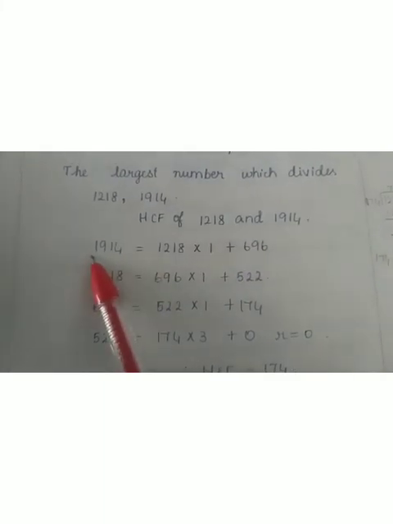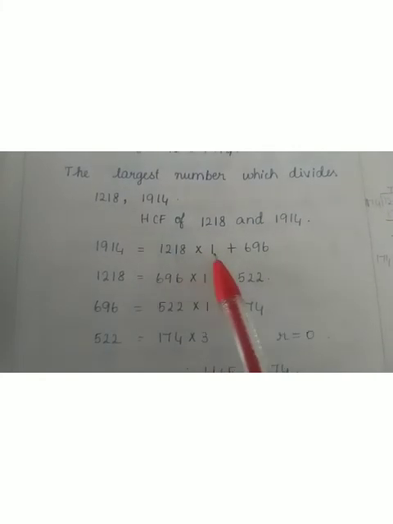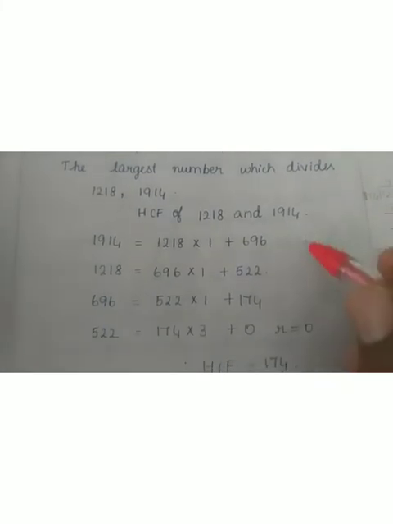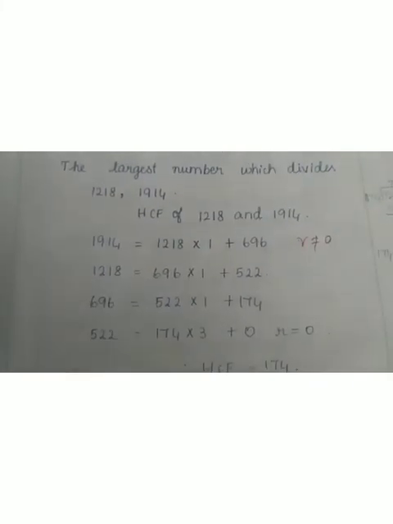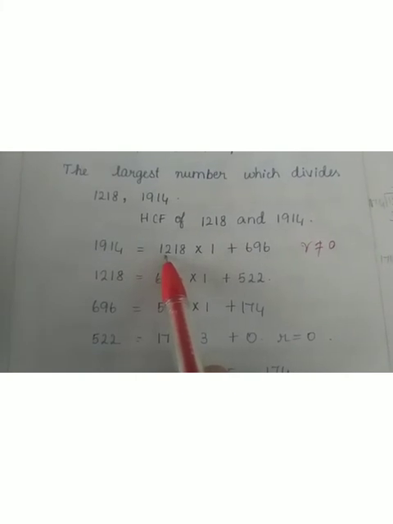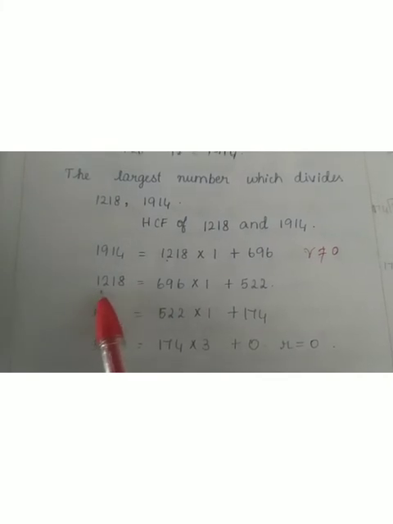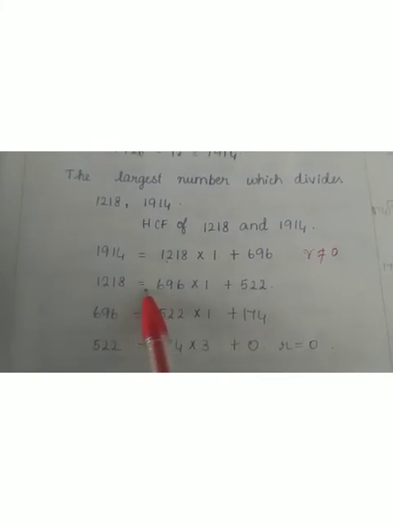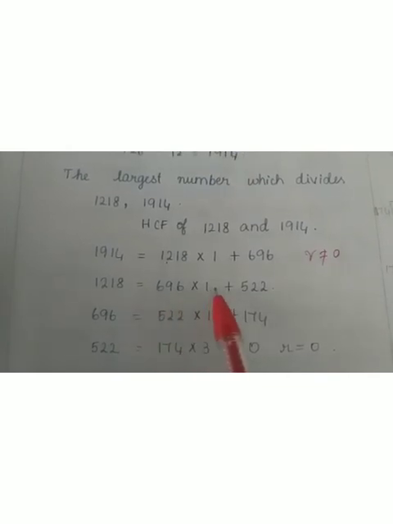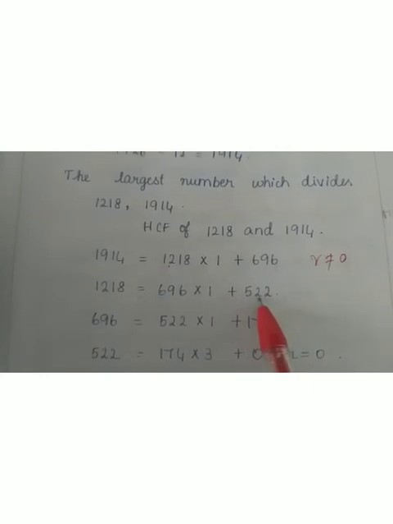So 1914 equals 1218 times 1 plus remainder 696. Here r is not equal to 0. Now the divisor becomes the dividend: 1218 equals 696 times 1 plus the remainder 522.